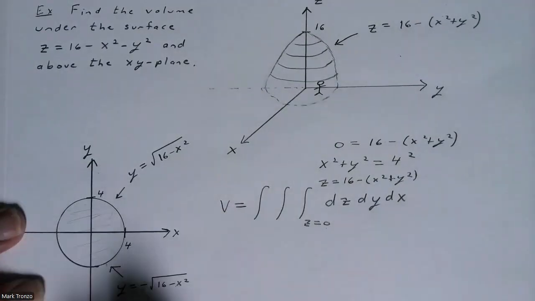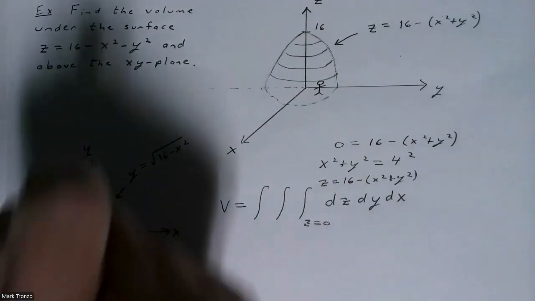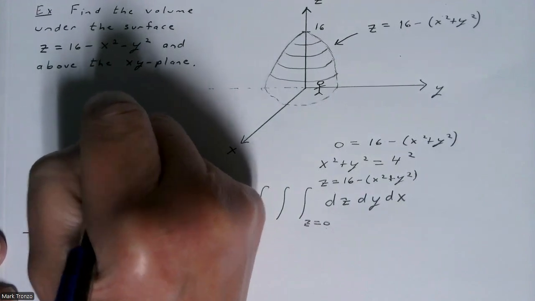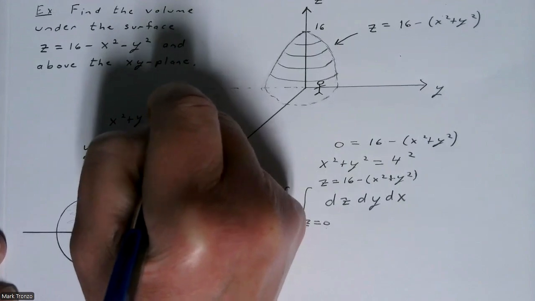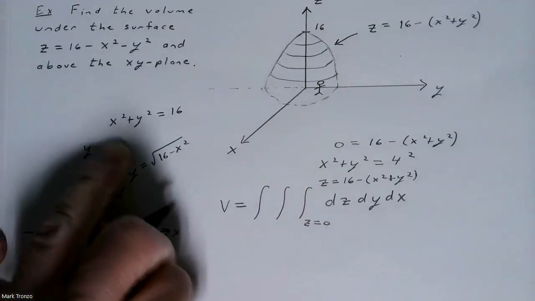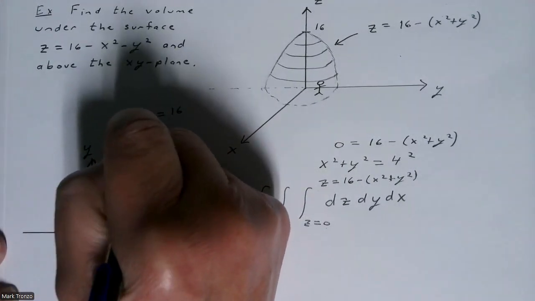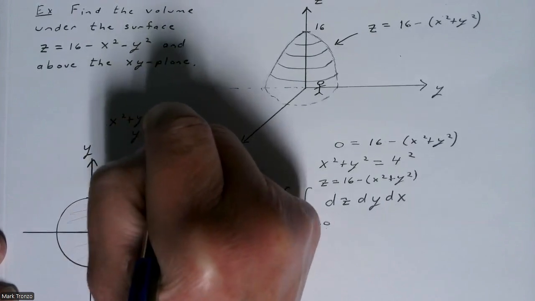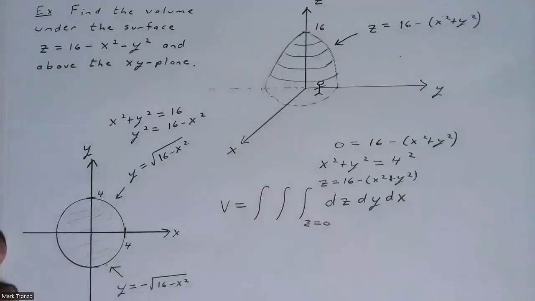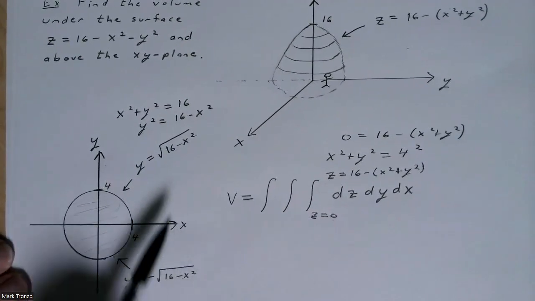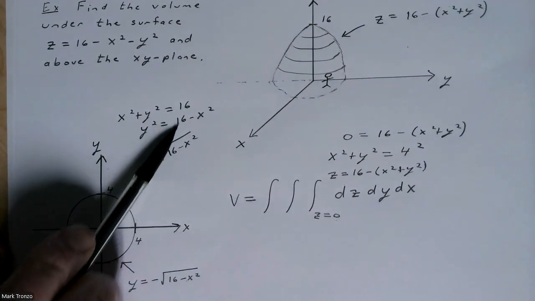Now, this is the hard way to do it, but I'll show you the easy way in a second. So, again, all I did here was take the equation that we had of our circle, 4 squared or 16, and then solve for y. And take the square root. And then, of course, when you take the square root, you go plus or minus.